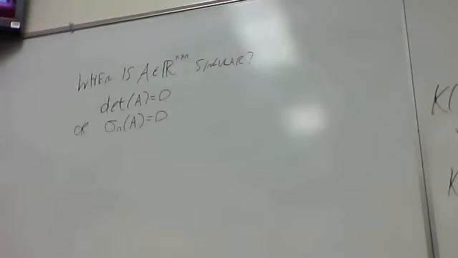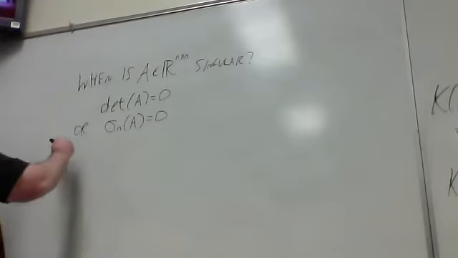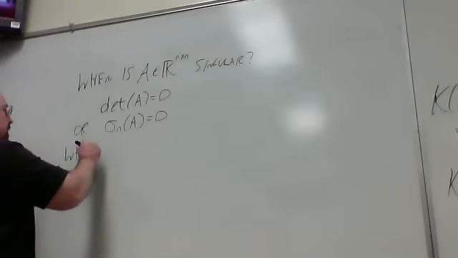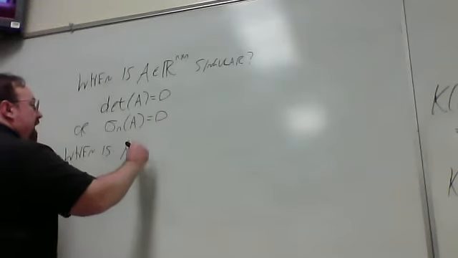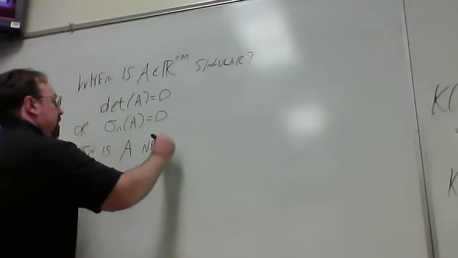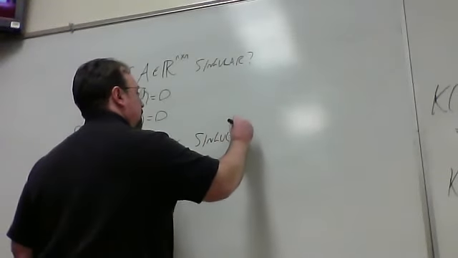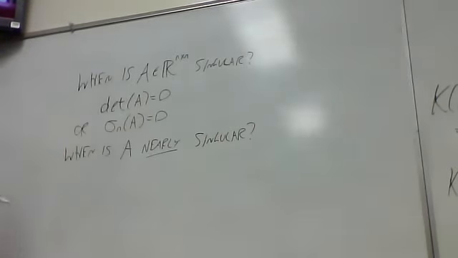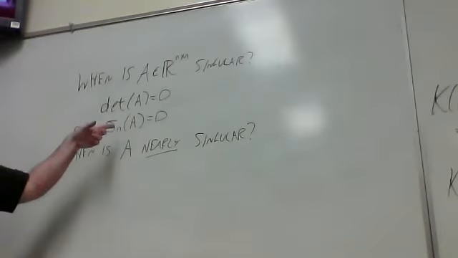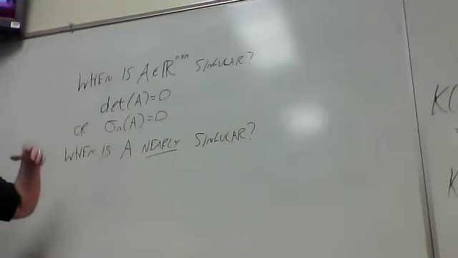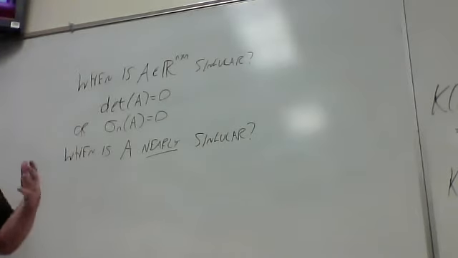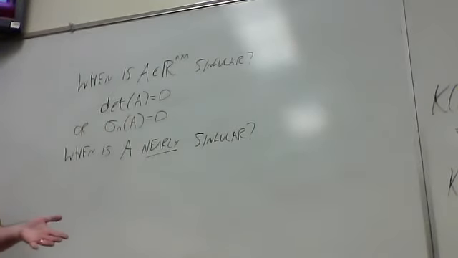But now if we focus on a slightly different question, when is A nearly singular? So you might think, well, if either of these being equal to 0 says it's singular, then either one of these being close to 0, so quite small, indicates it's nearly singular.